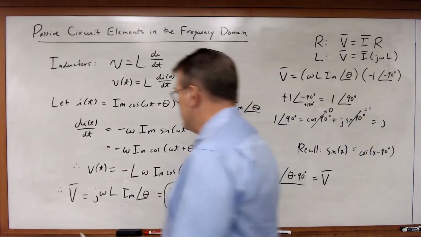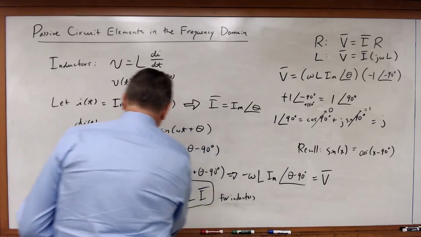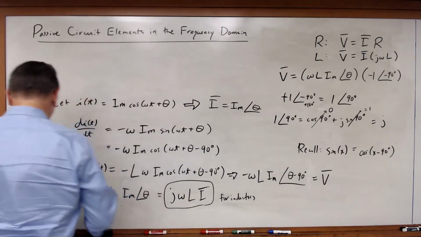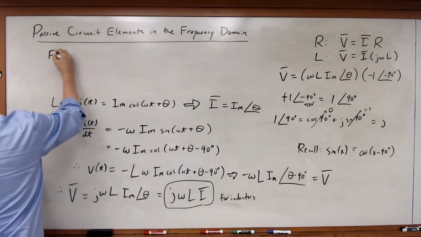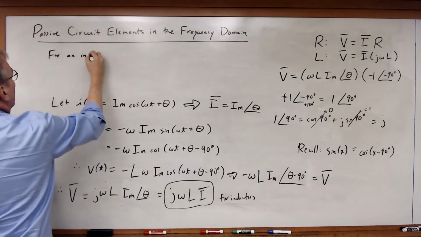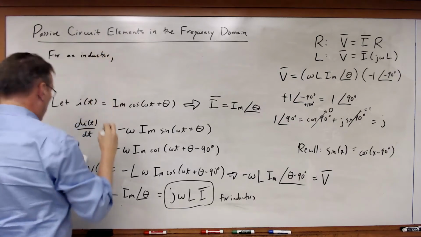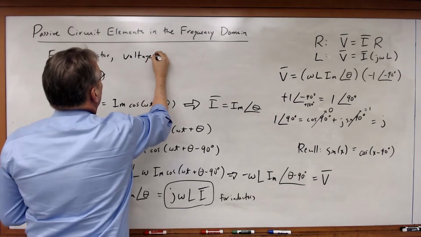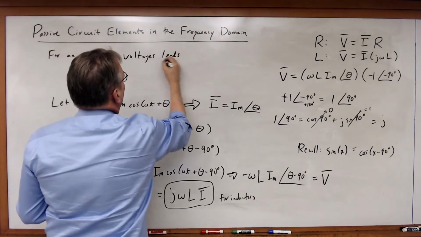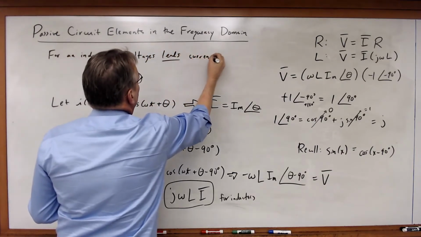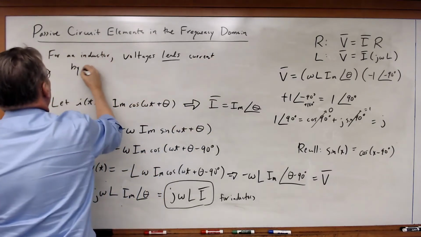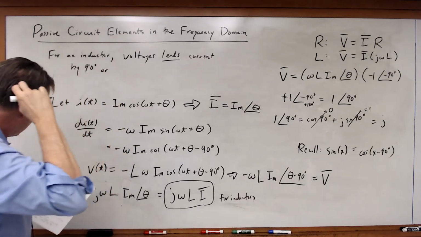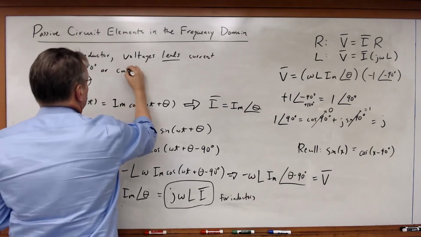And so what we find is, for an inductor, voltage leads current by 90 degrees, or current lags voltage by 90 degrees.